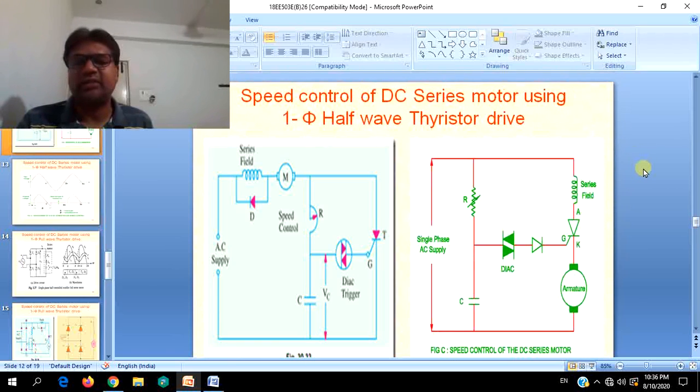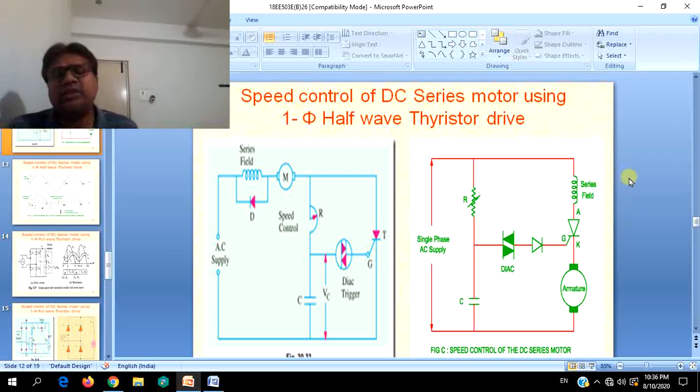All other things are same, but the disadvantage is that as the current or the applied voltage varies, the series field will also decrease. That is, the speed control of a DC series motor is rather difficult compared to shunt motors, where the shunt field winding is connected in parallel to the armature separately.